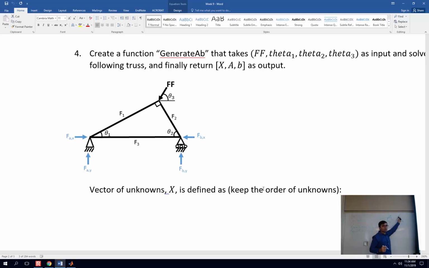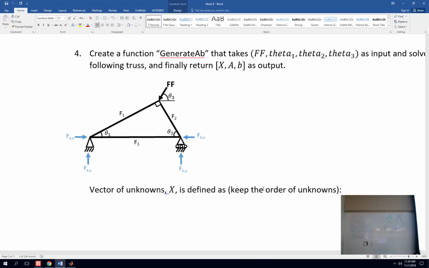Negative F2 cosine theta. So negative F2 cosine theta 2 minus F3 is equal to 0. That's in the x direction. In the y direction, I have FBY plus F2 sine of theta is equal to 0.